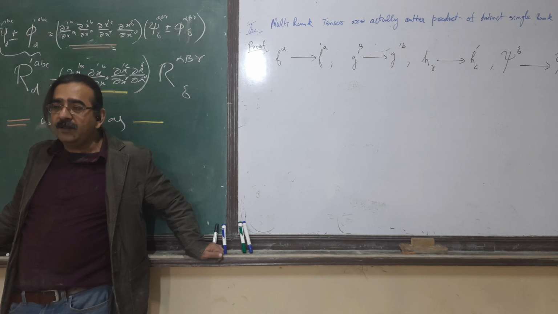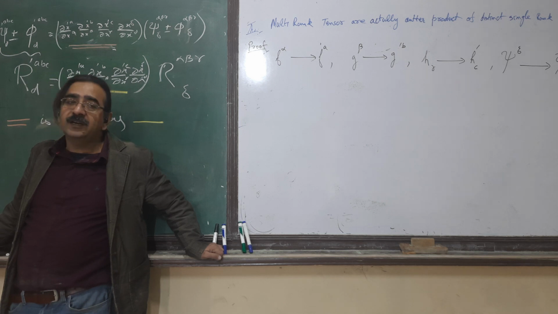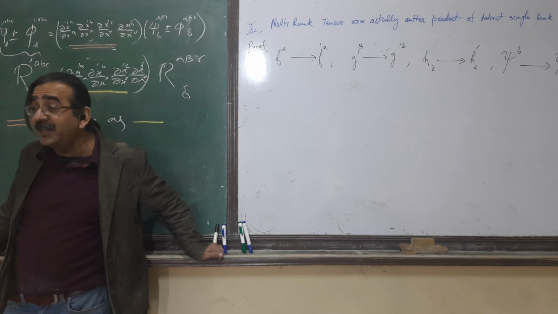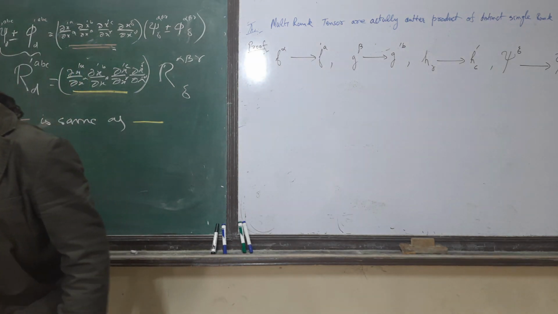For example, in an upcoming lecture we will study the flat metric, which has two tensor indices but is invariant under the homogeneous Lorentz transformation. It will remain invariant under the transformation law, so it becomes a zero rank tensor for the homogeneous Lorentz transformation, even though it has two indices. So two indices, not a two rank tensor.